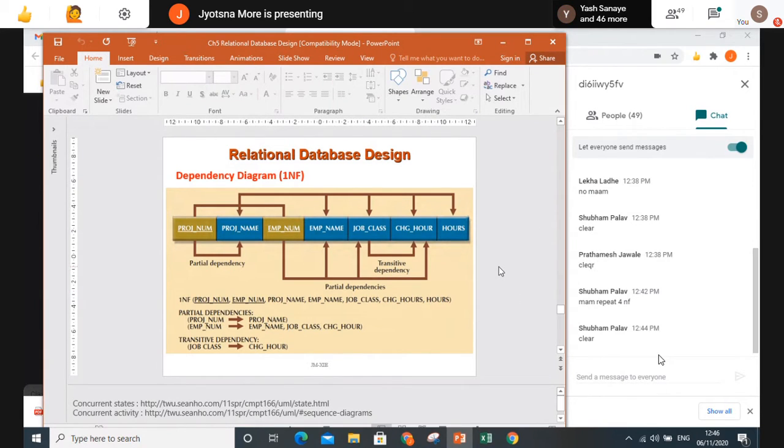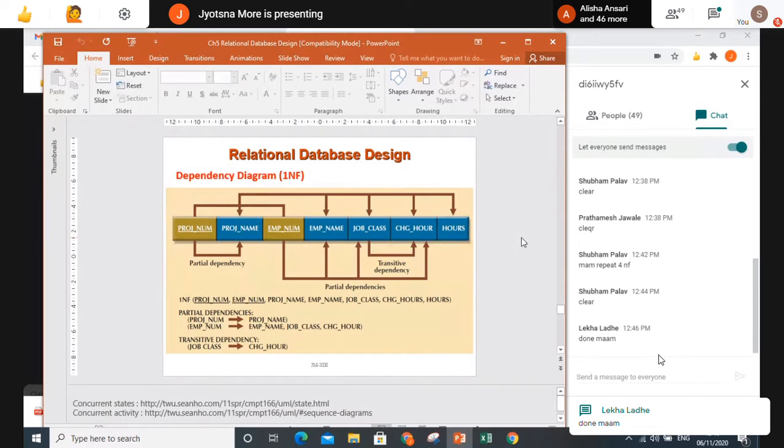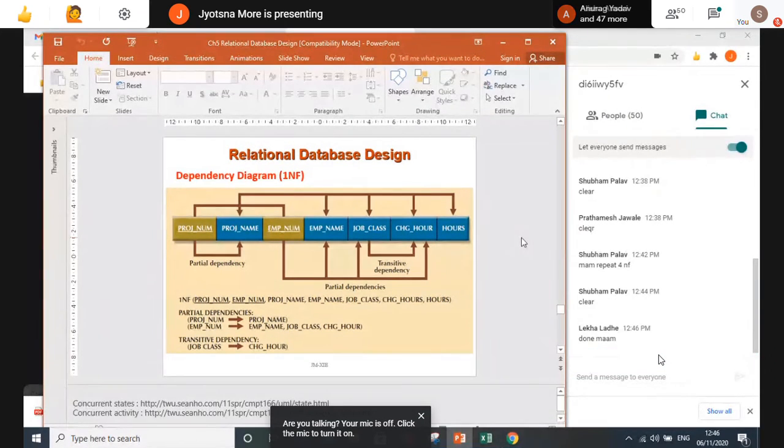And if I'm going fast, please let me know. Copy this diagram, everyone, in your notebook and keep that with you as a solution. Yeah. Everyone finished with the diagram?